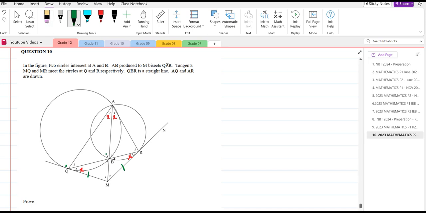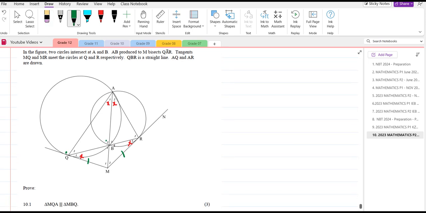Now we want to prove that triangle MQA, so this entire triangle here, is similar to triangle MBQ.